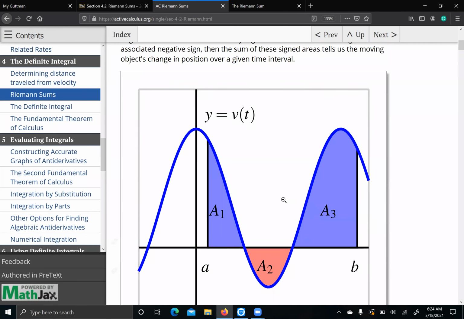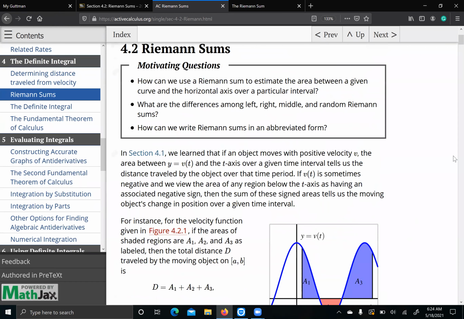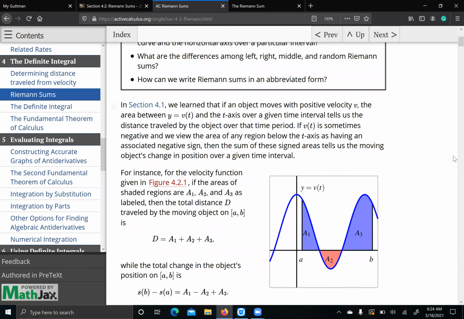Suppose this graph is the graph of a velocity function. We have an object moving with a positive velocity, v of t is the graph of that velocity, and the horizontal axis is the time. So it shows us the moving object over this time.